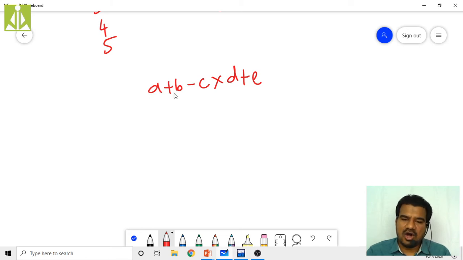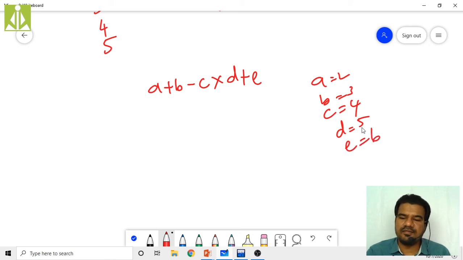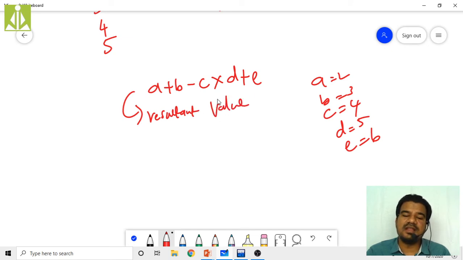If I give all the values, A equals 2, B equals 3, C equals 4, D equals 5, then E equals 6, then I will get the resultant value of this expression. That is the final value of this mathematical expression.